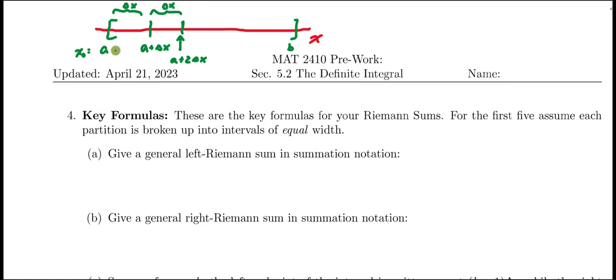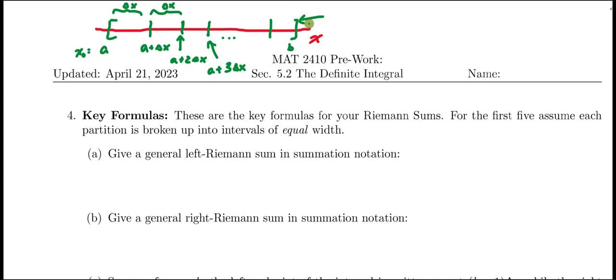So one way to obtain this element in the partition is to go to A and then add to it 2 copies of your delta x, and you'll arrive there. Likewise, and I'm running out of room to label this, but this would be A plus 3 copies of delta x, etc. For this very last interval, this would be right here.